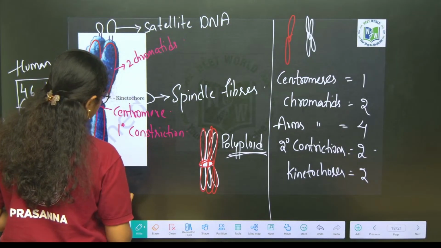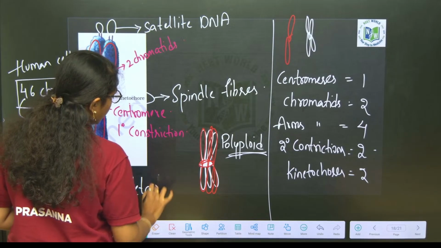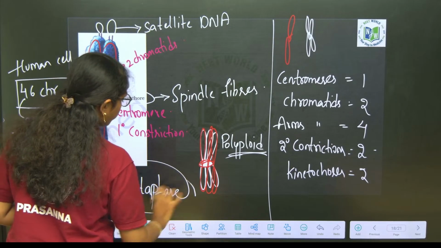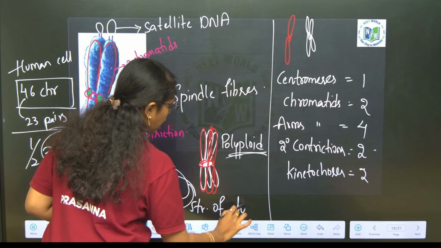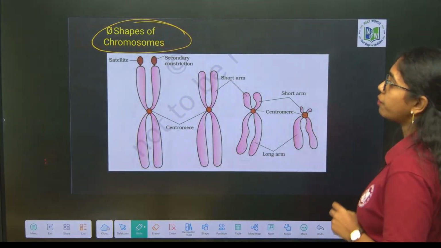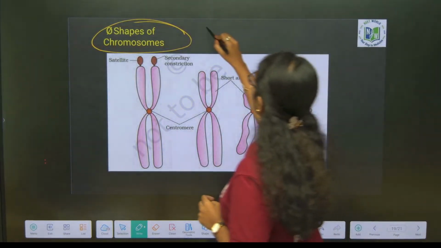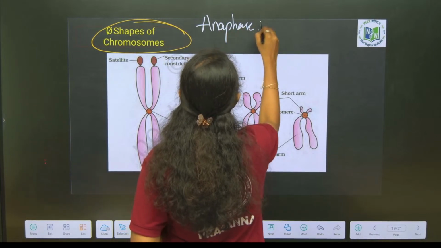And if you see anaphase, during anaphase of the cell division, shapes of the chromosomes are clearly observed.